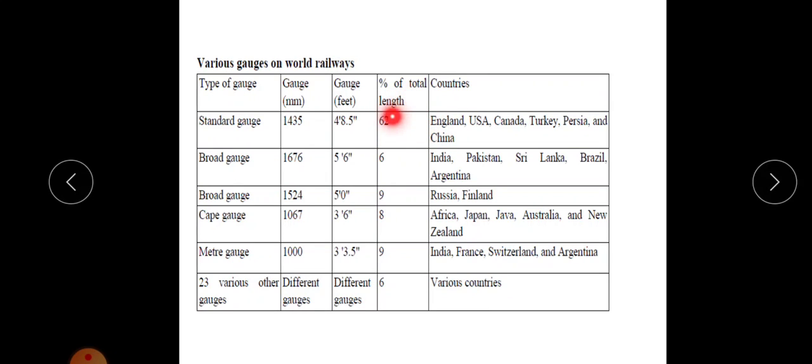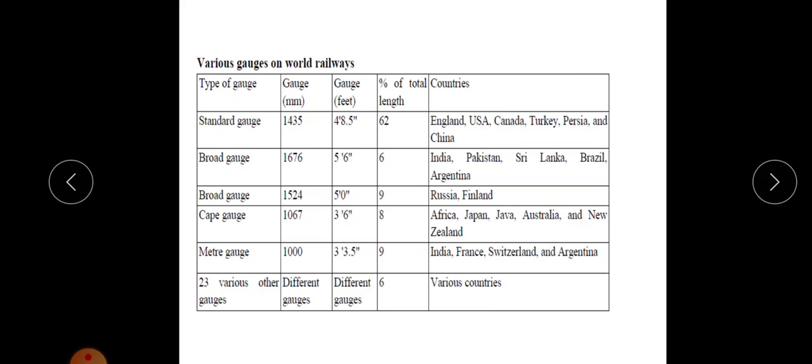This table shows the percentage of total length provided by each gauge. So standard gauge is provided in 62% of the total length of the rail in the world, and this standard gauge is provided in countries like England, USA, Canada, Turkey, Persia and China.